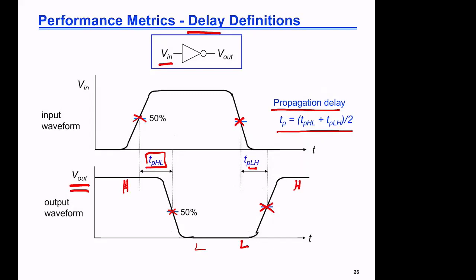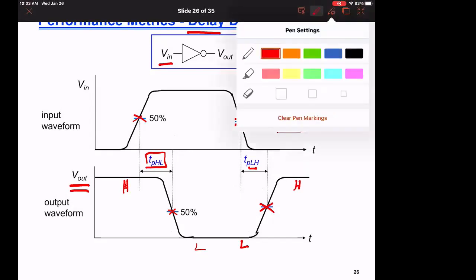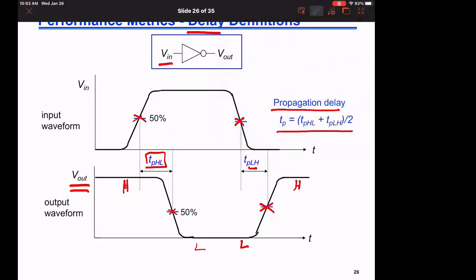In addition to this, we define two metrics, which are the rise and fall time of the signal. Let us see what the rise time and the fall time of the signal are. The fall time is the time it takes the output to drop from 90% VDD to 10% VDD.